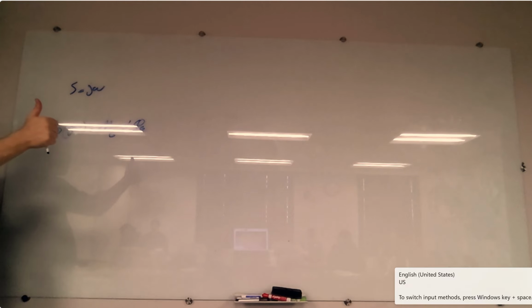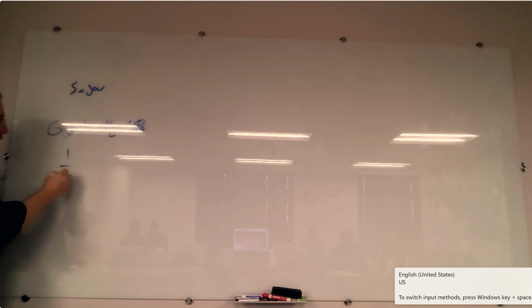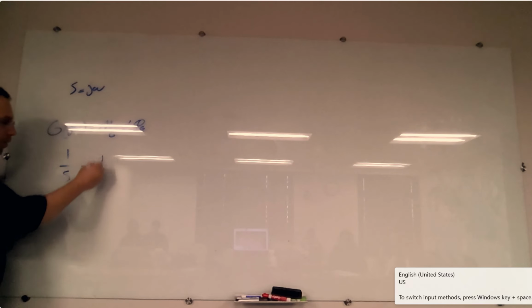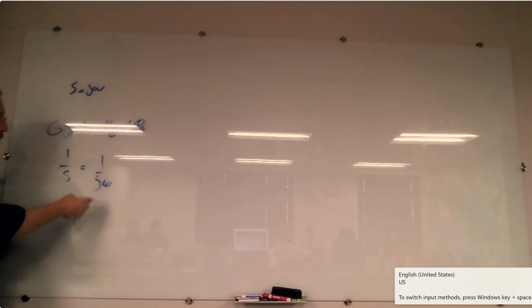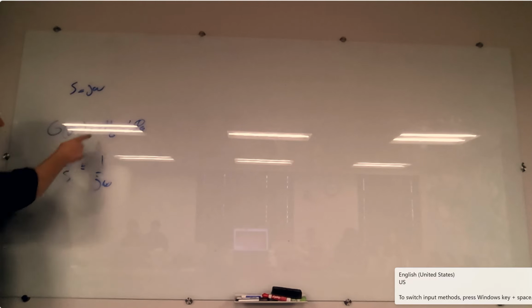Is that clear? Let's say it's 1 over S. That becomes 1 over J omega, right? So it easily can be seen that for omega equal to 1, the amplitude is 1. For 2 it is 0.5. You know what I'm saying? So for each individual omega, M is changing.